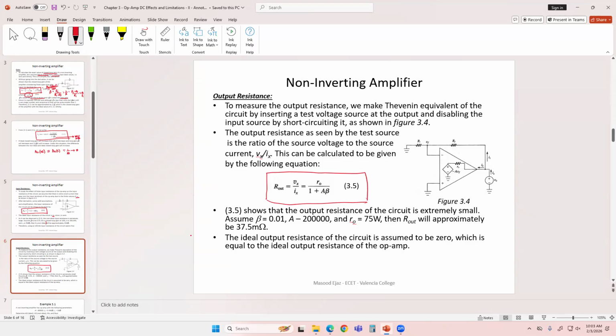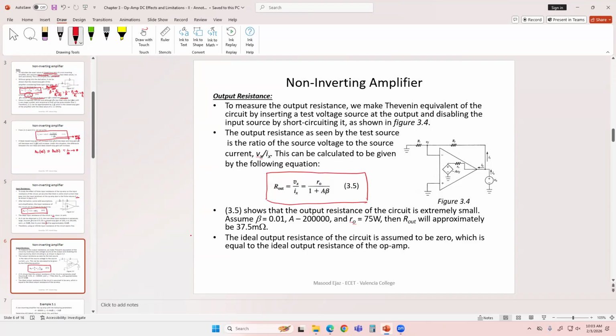Then we take the ratio of Vx over Ix to calculate the output resistance of the circuit. In this case, we are not assuming the output resistance of the operational amplifier to be 0, which is generally assumed under ideal case.